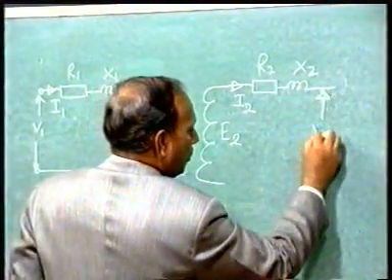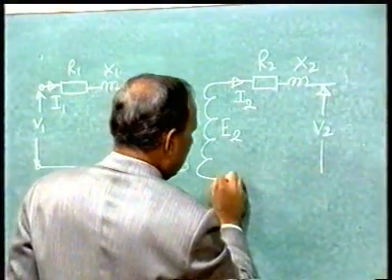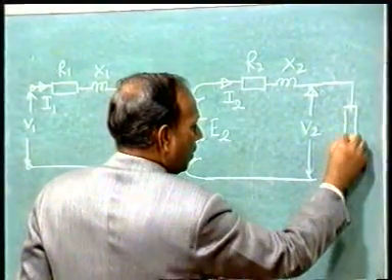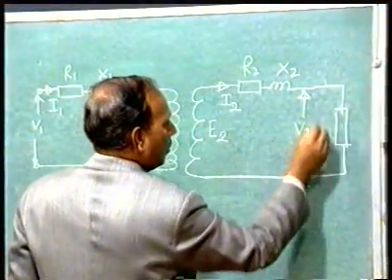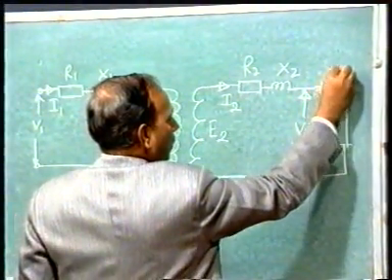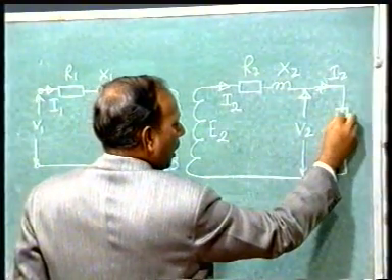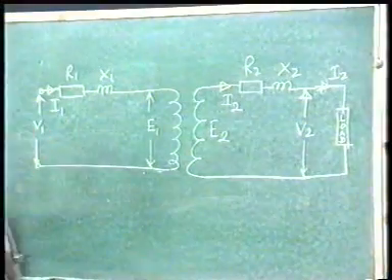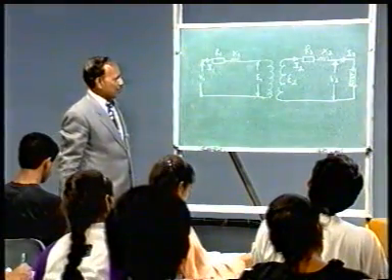So I show V2 here, which is across the load. I2 flows. This is your load. Is it clear?